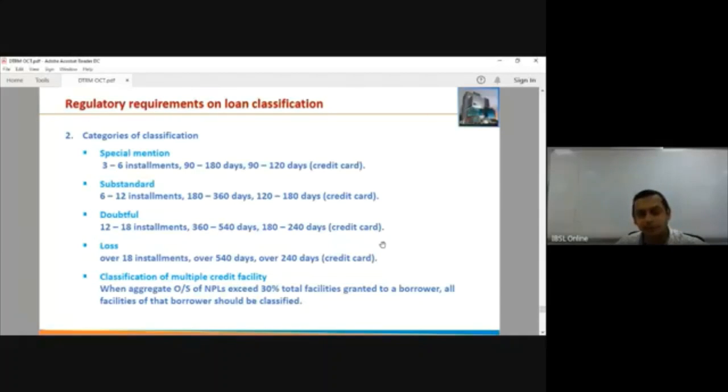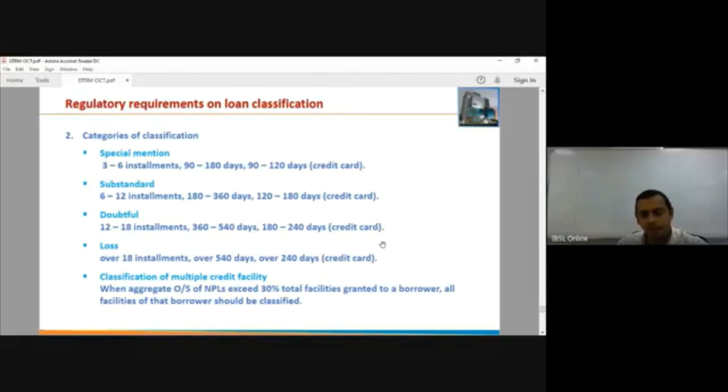Then we have something called classification of multiple credit facilities. This is where a bank may have given more than one loan to one customer. That is possible. A customer might have a vehicle lease, a housing loan, a credit card, and maybe an overdraft account. So 4 different facilities given to one customer.